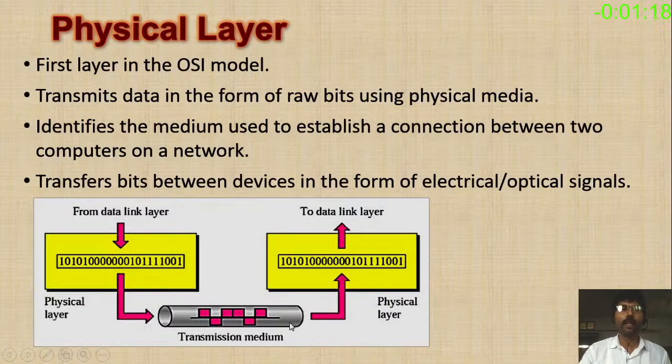It identifies the medium used to establish a connection between two computers. It will understand which type of medium we are using, whether twisted pair, coaxial cables, optical fiber, or wireless, and transmit the bits.